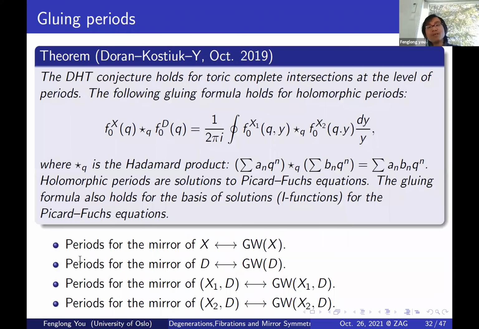In general, if we have a degeneration of Calabi-Yau complete intersections in toric varieties, then we always have this kind of relation between their periods.